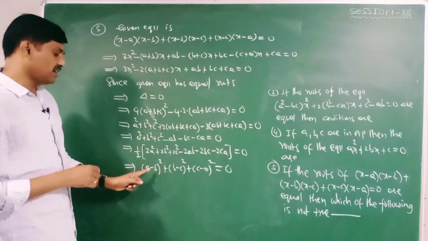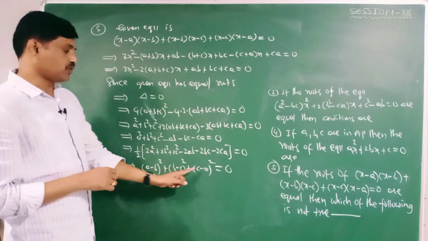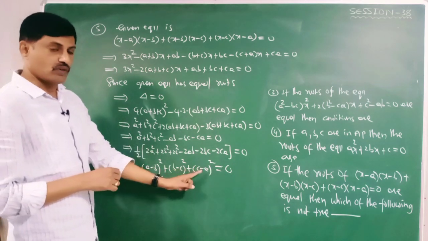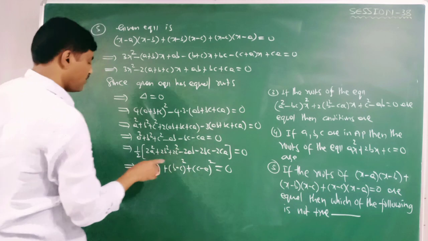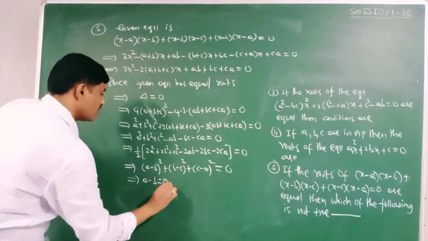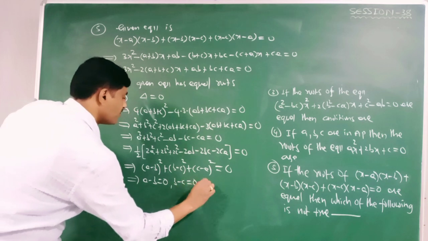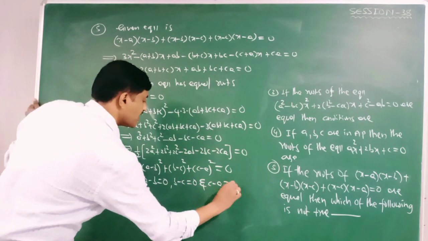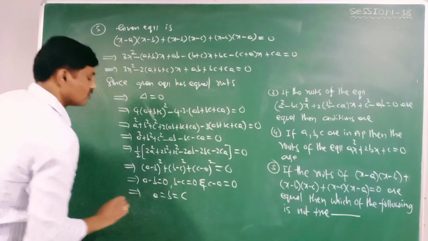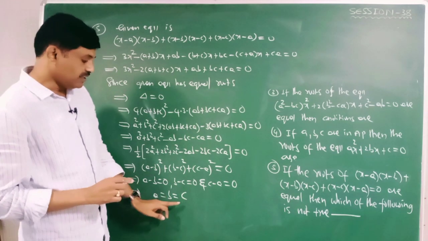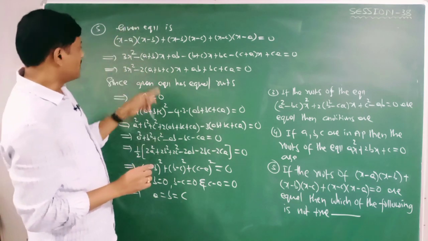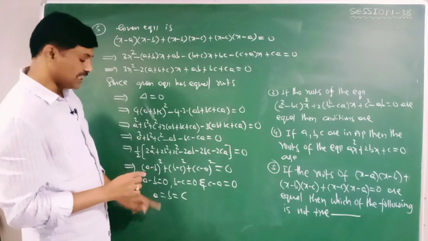But on the left side every term is a perfect square, and the sum is 0. Definitely these three are going to 0: a minus b is equal to 0, b minus c is equal to 0 and c minus a is equal to 0. Therefore it is very clear, a is equal to b is equal to c. This is the condition for this equation to have equal roots.